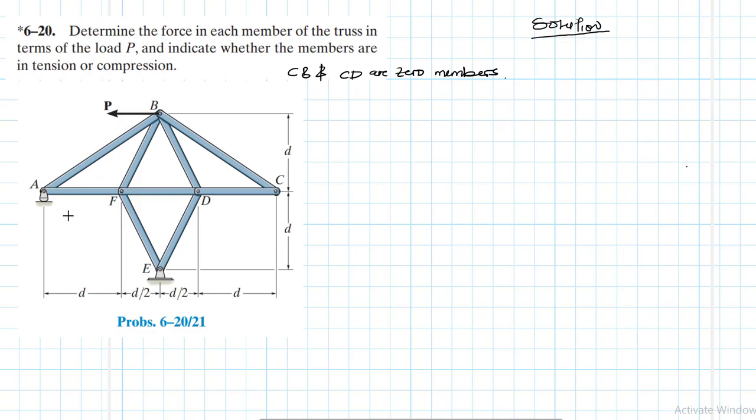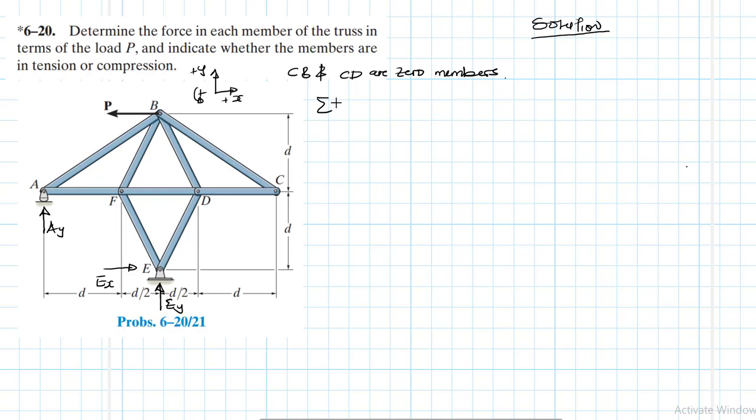Right, now let's draw the free body diagram. The support at A, which is a roller, we are going to have AY, and then the hinge at E, we are having EY and EX. Okay, so let's apply moments about point E. We have our reference coordinate system, X positive, Y positive, and moment anti-clockwise positive.